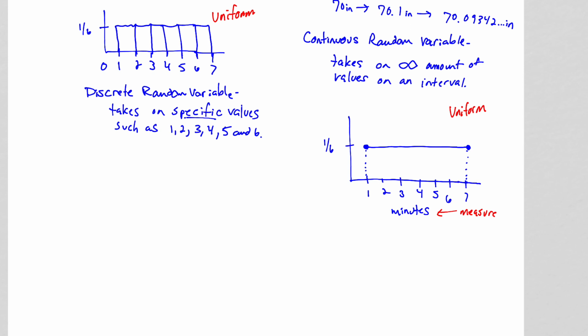So here we have our distribution, and one thing that we want to look at is that a density curve has a special property, and the special property is that the area underneath the density curve always equals 1. Now, the reason for that, you can kind of think of 1 in terms of percent, right?